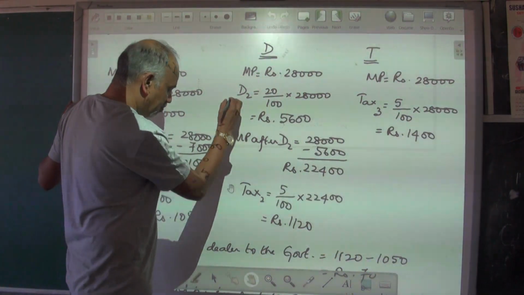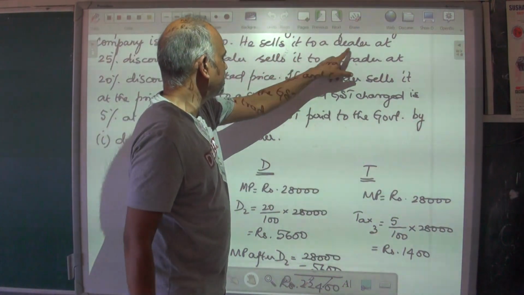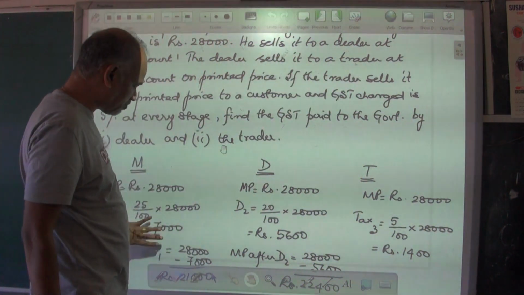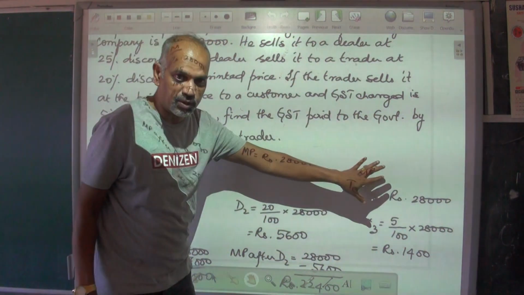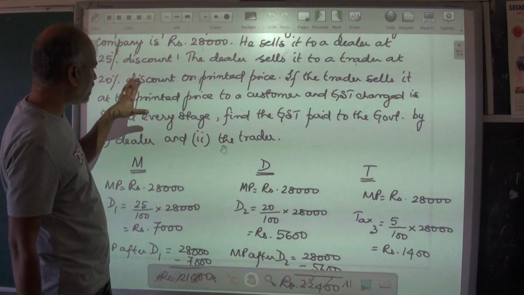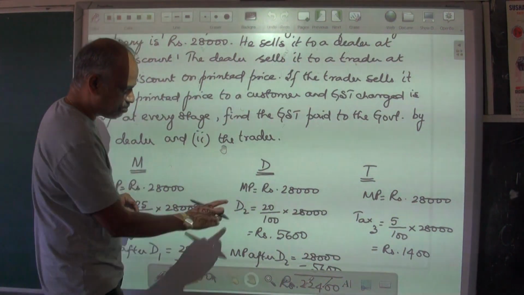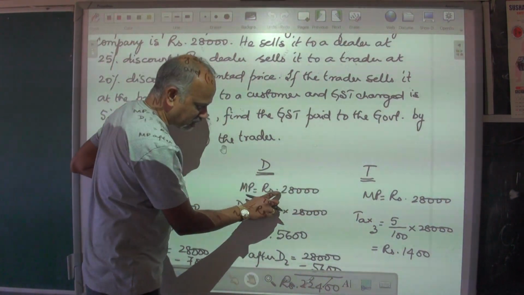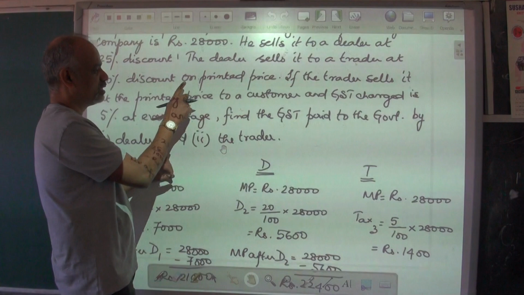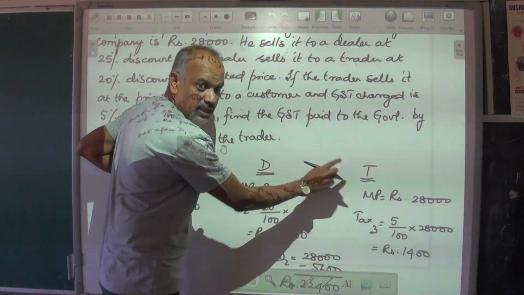Now, the second part. It says he sells it to a dealer at 25% discount, that's found. The dealer sells it to a trader. The dealer is going to sell it to a trader at 20% discount on the printed price. Again, the mark price is the same. Printed price was 28,000. Mark price is 28,000. But the dealer gives a 20% discount to the trader.